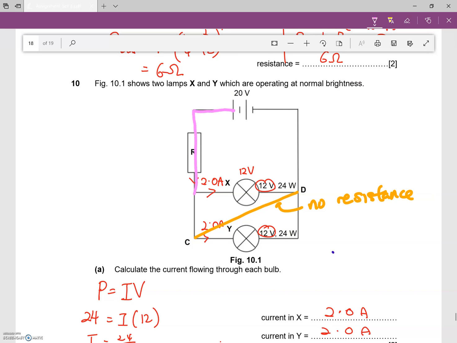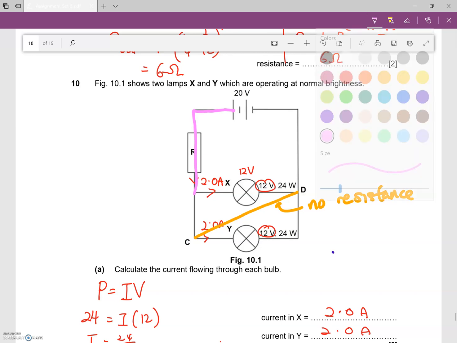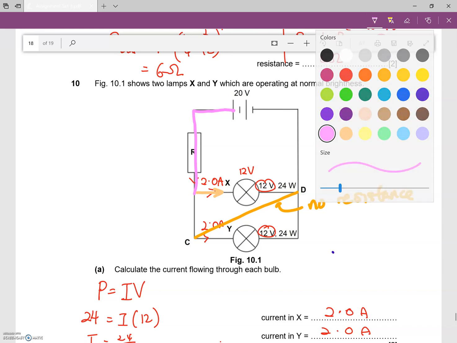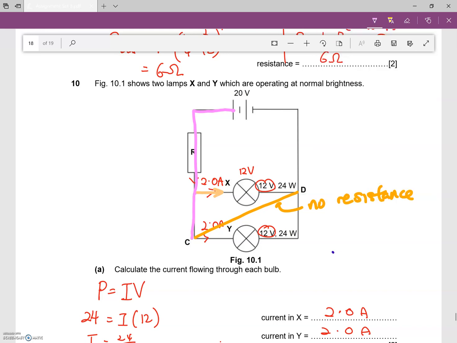Now, when it reaches this point, there are three different paths it can go. It can either go this way, or it can continue to go down, and then go this way. So there are three paths it can go. One, two, three.